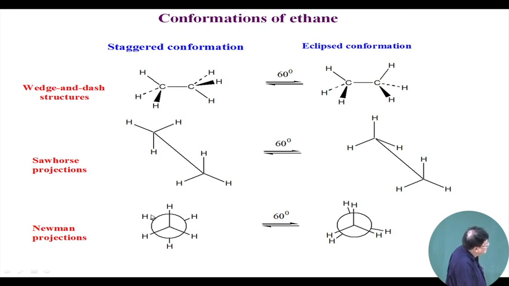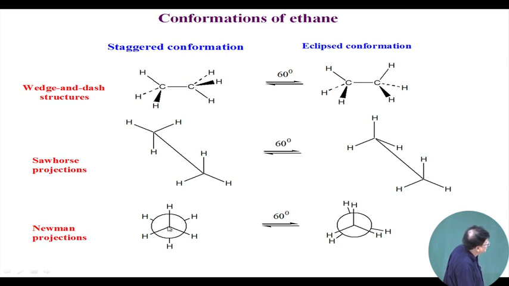The 60 degree dihedral angle I was telling is about this angle. That means, the nearest neighbor in the adjacent carbon, that is this one or that one, has got a dihedral angle of 60 degree. Okay.